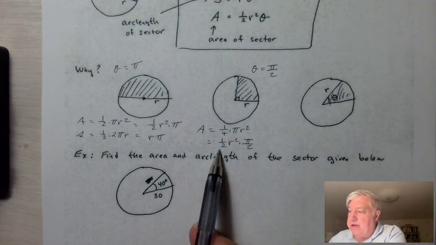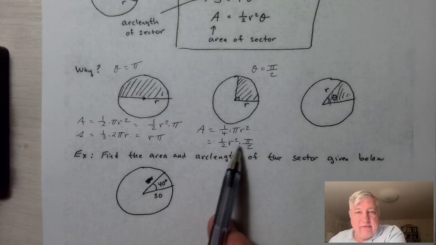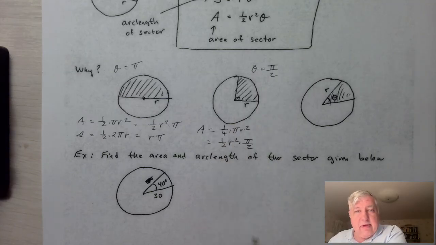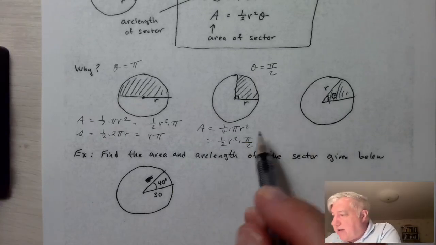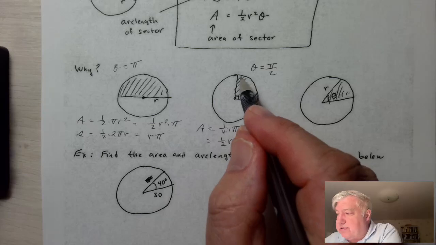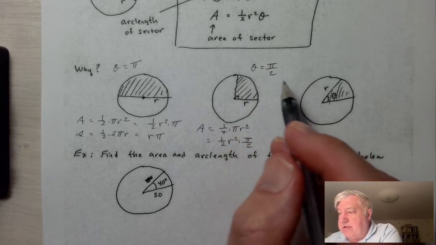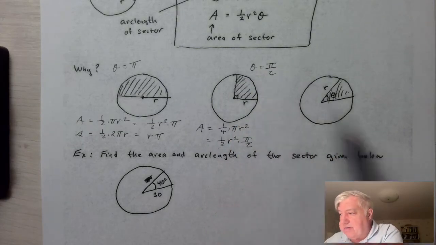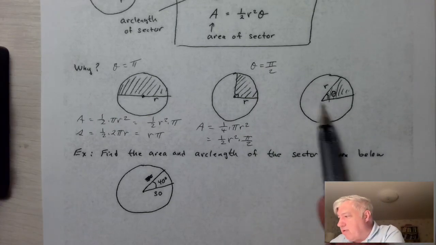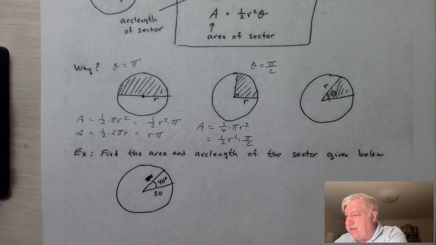Okay, because 1/2 times pi over 2 is pi over 4. Okay, which is the same as this. So that works, and then you can check that S, a quarter of the circumference, is equal to this, and that can actually be written as r times pi over 2. So that's why it does work, because of the proportionality.